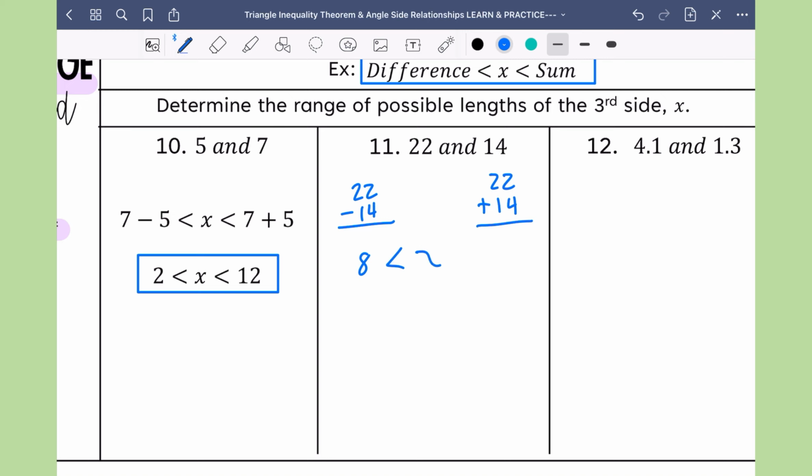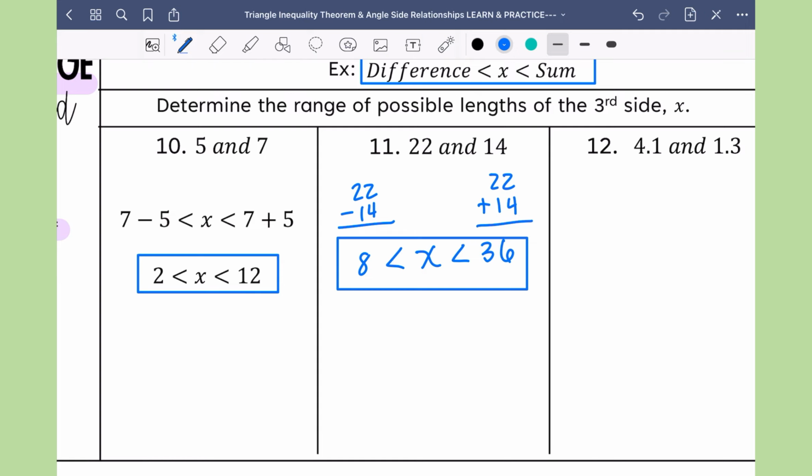And this is how we set up the compound inequality from least to greatest, unless your signs are flipped the other way, but from least to greatest. And then 22 plus 14 is 36. So there is my range of values that the third side could be for this triangle.